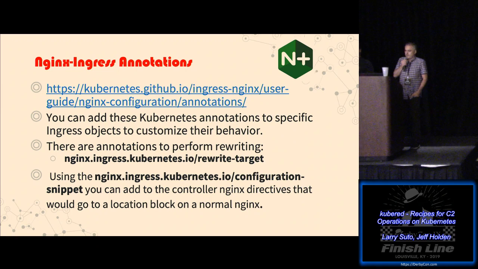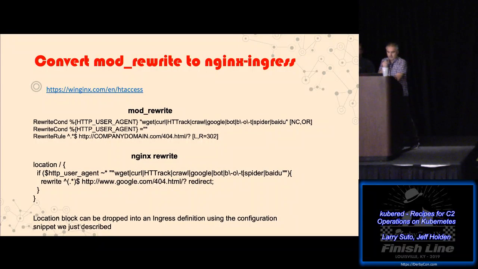Yeah, and these are the annotations in the ingress object, in the ingress definition or manifest as you call it. You have to reference this, and I'm going to show some examples, but just to point out, there are annotations to do rewrites and annotations to do what's called configuration snippets, which is how you specify rewrites and very specific Nginx directives.